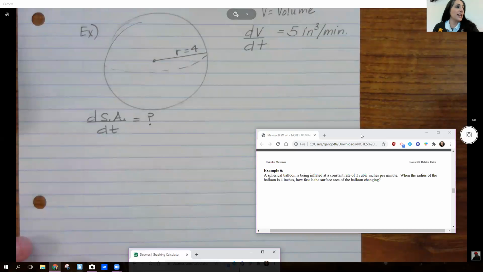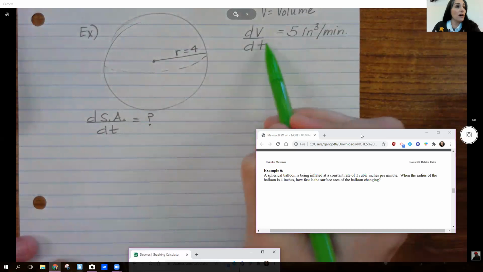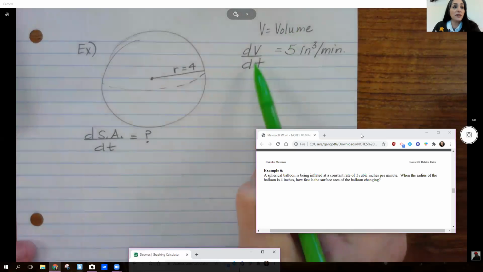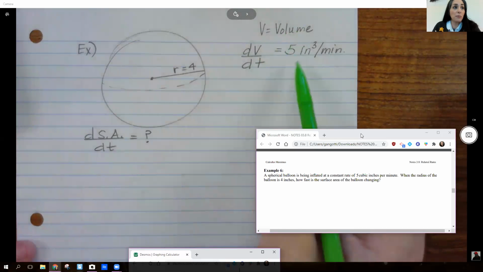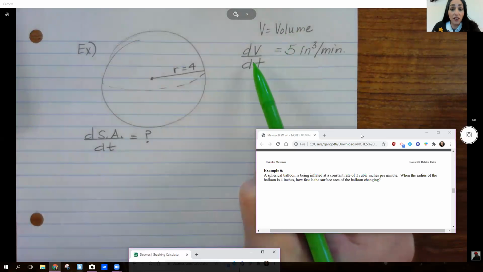So we're going to have to take the derivative of a surface area formula in order to figure this out. So we need to know the surface area of a sphere. We probably need to know the volume of a sphere because they're giving us that, which means we got to plug this into the derivative of the volume. So let's see what we can do here.